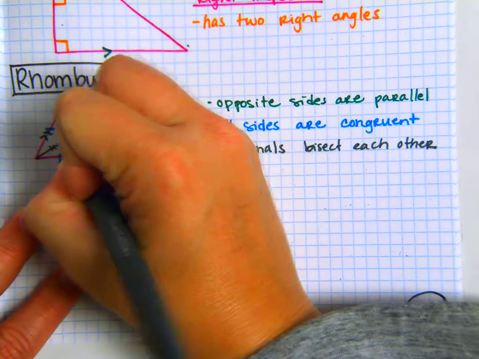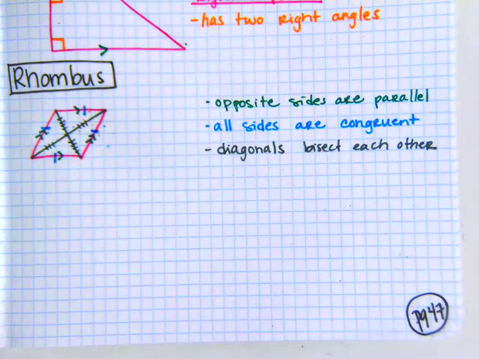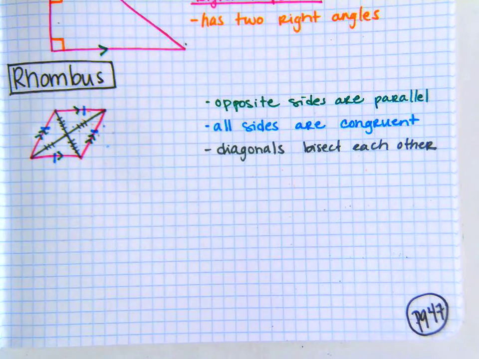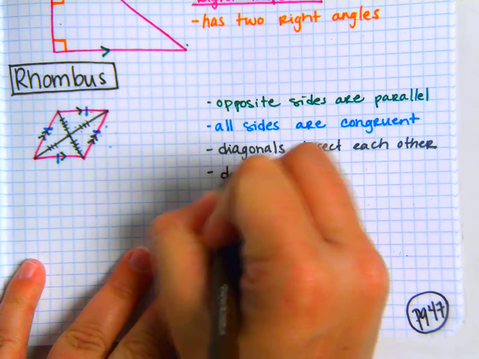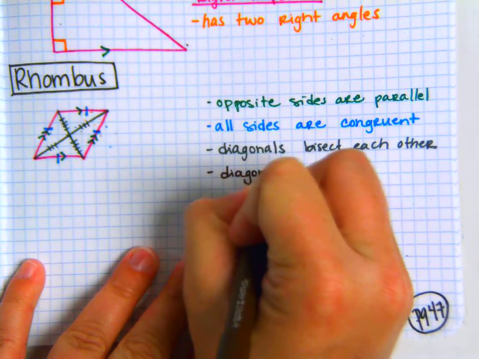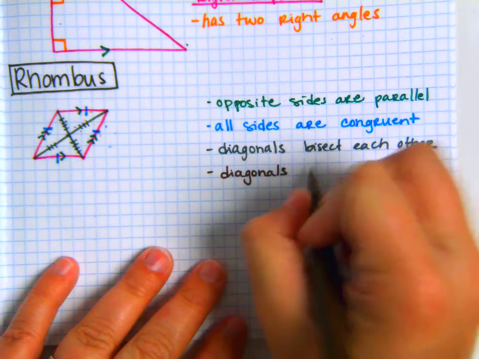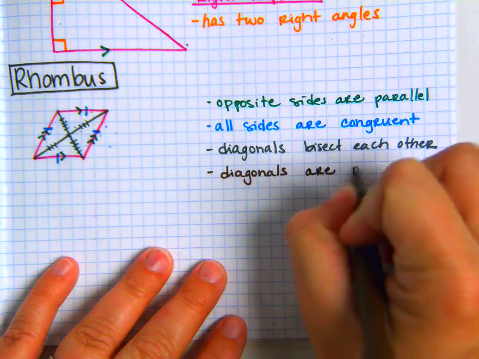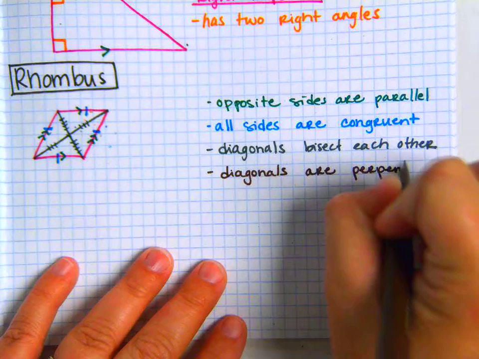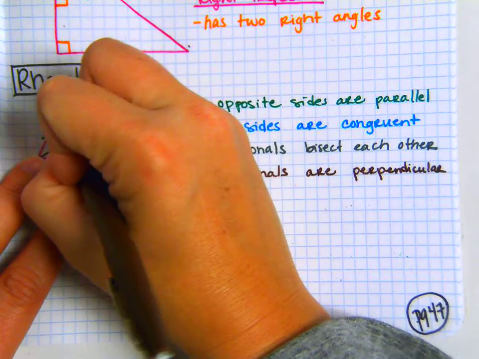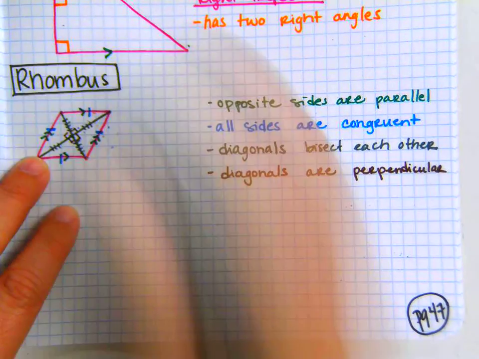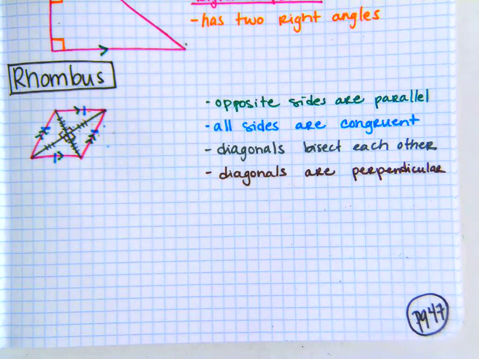That's going to be congruent to that, because they bisect each other. Another one is that the diagonals are perpendicular. So they make 90 degrees here. Okay, that's an important one to note. We do use that one quite often.